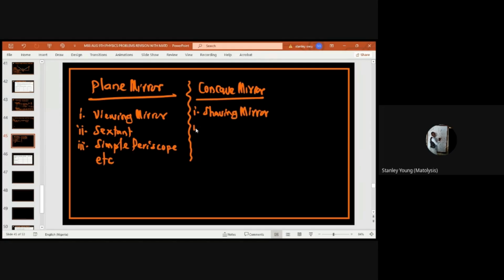It can be used in the headlamp of cars and vehicles. Okay, so what other uses do we have for a concave mirror? Etc.